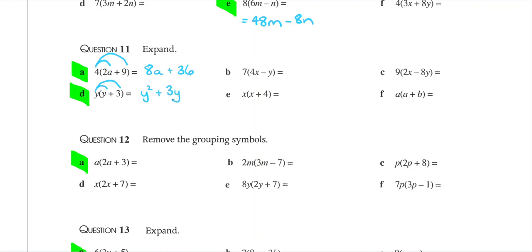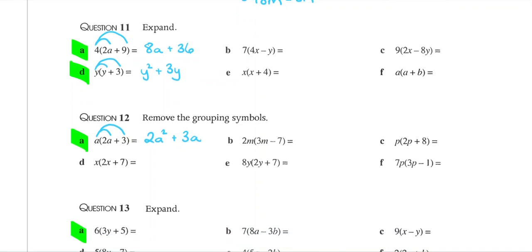Good. Okay, question 12, still the same. See if you can do this one. So this one times this one. See if you can do it. Did you get that? And then plus a times 3, 3a.